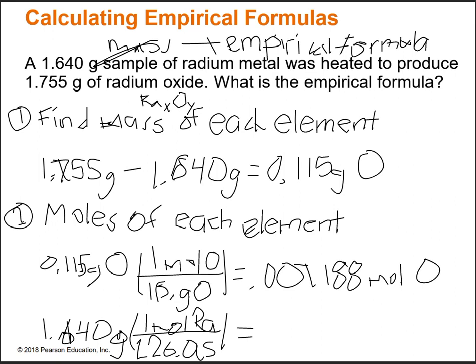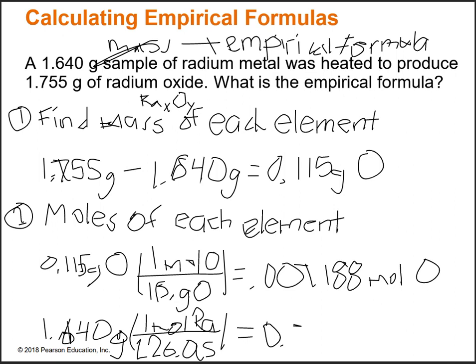Did anybody get a number? You're going to take the 1.640 grams and divide by 226.025, which is the molar mass of radium, from the periodic table.